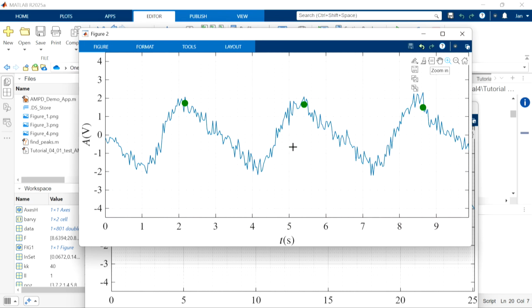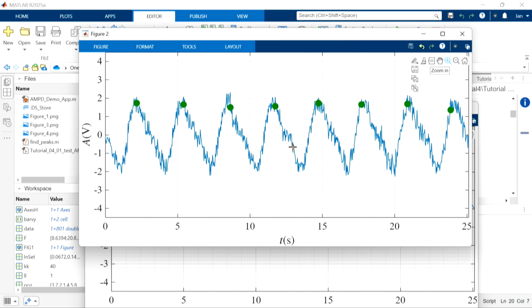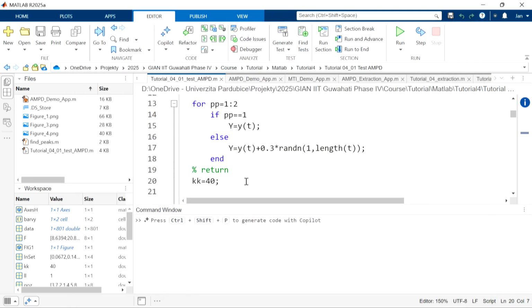So please try adjusting kk parameters. Now the standard value is 40, try adjusting it to 30 and run again.